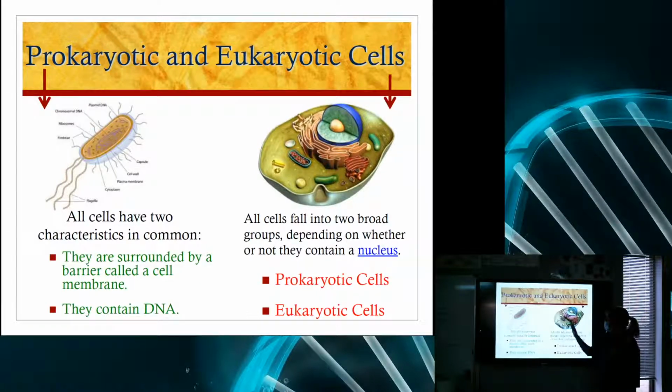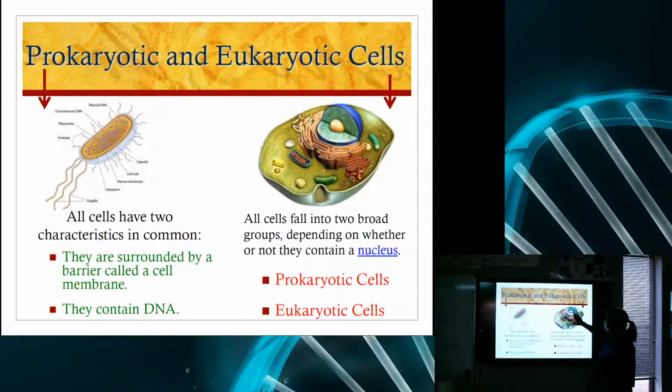Now, these two types of cells do have some things in common. For one, they both are surrounded by a cell membrane, or remember, sometimes that's called the plasma membrane. Those two terms, cell membrane, plasma membrane, same thing. Also, both cells have DNA. If you notice these little stringy things in here, that is the DNA in the prokaryote.